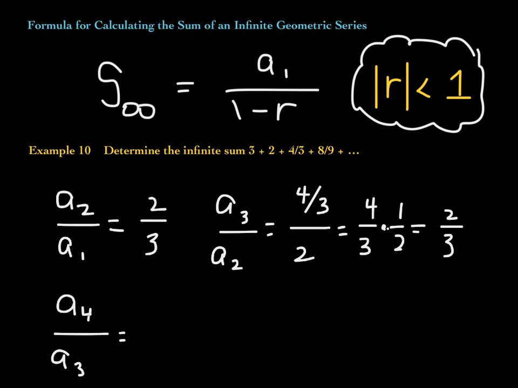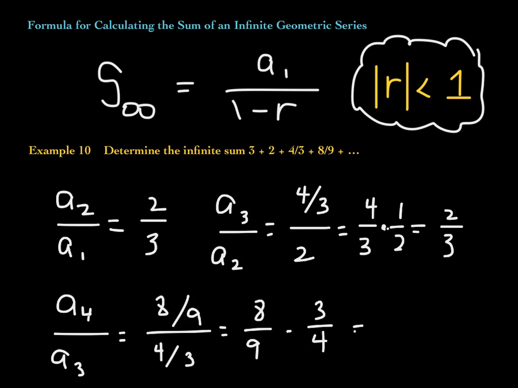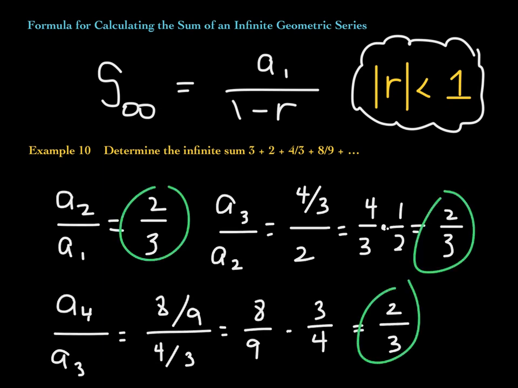So then we have 8/9 over 4/3, which is 8/9 times the reciprocal, which is 3/4, which happens to be, if you cross cancel, 2/3. So you and I just proved that there is a common ratio, and that common ratio is 2/3. So this series is geometric.